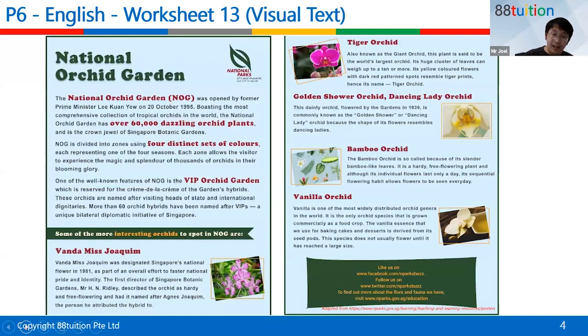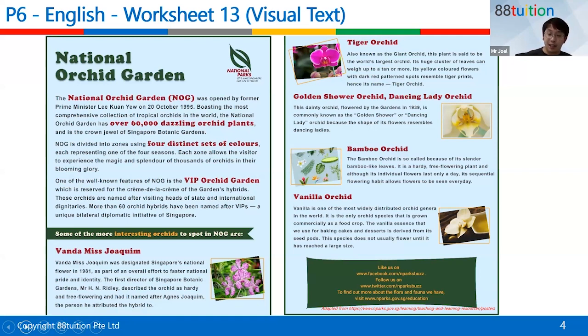So first up, visual text. Okay, so that's why I say it's a bit iffy over here. So Jairus, what I need you to do is take a picture of this right now so you can refer to it later, because later on I'll be showing you the question only. All right, you can take a screenshot using your computer or your tablet, or you can take a picture using your mom's phone or something.